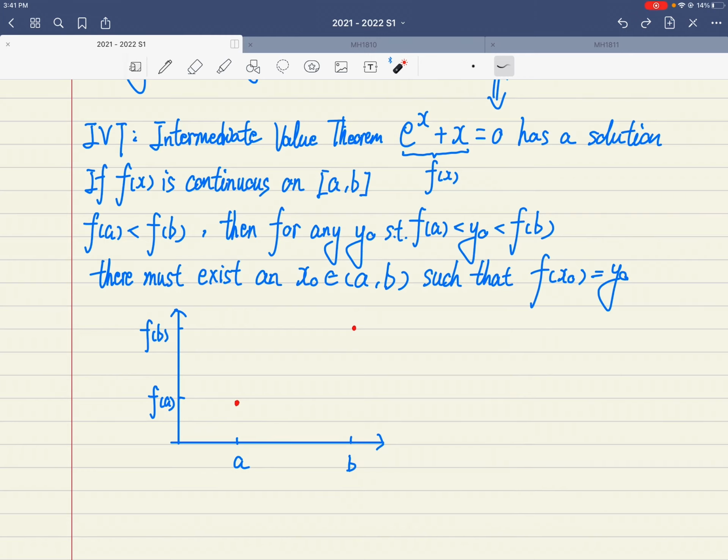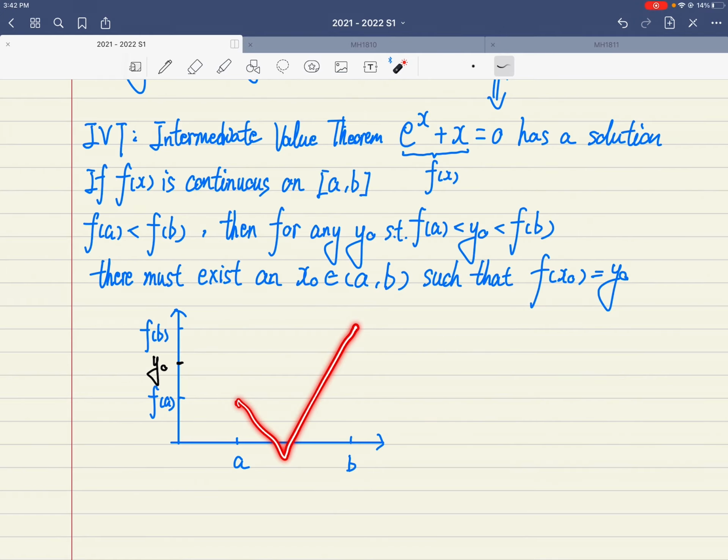But no matter what function you draw, let's say for example this point is y0, no matter what function you draw, you can find a point between a and b such that f(x) is equal to y0.